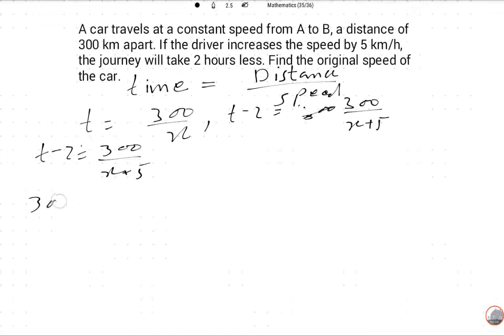So 300 upon x minus 2 is equal to 300 upon x plus 5.